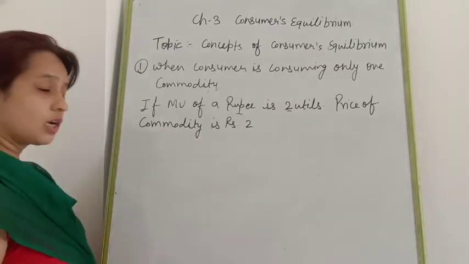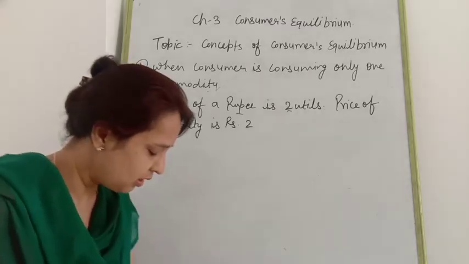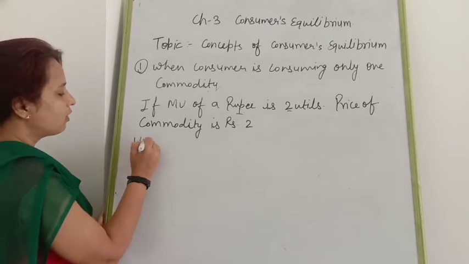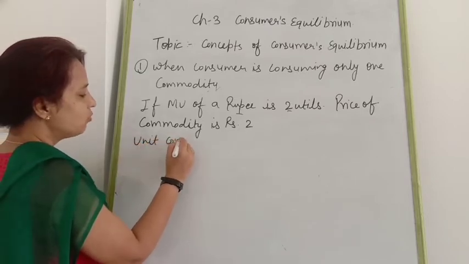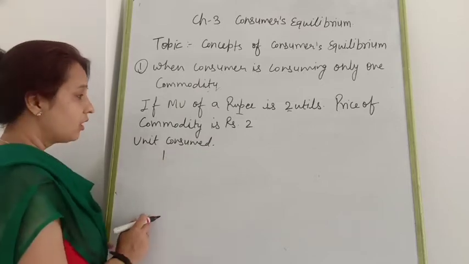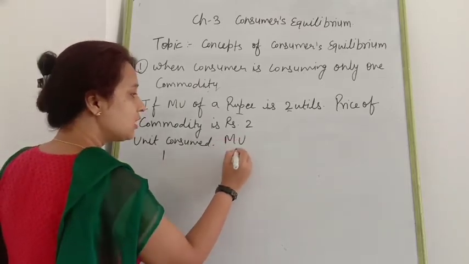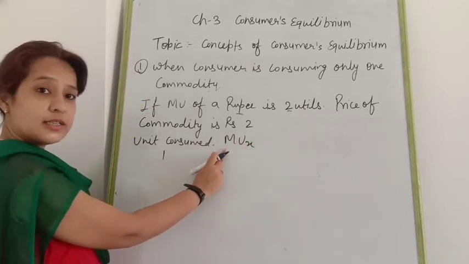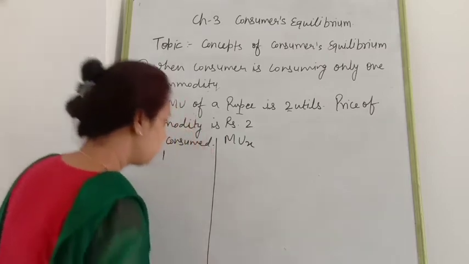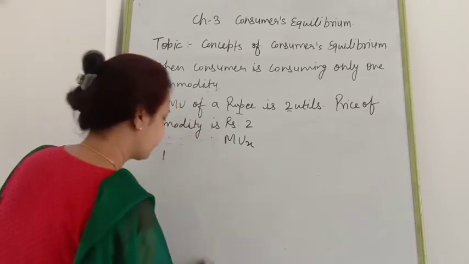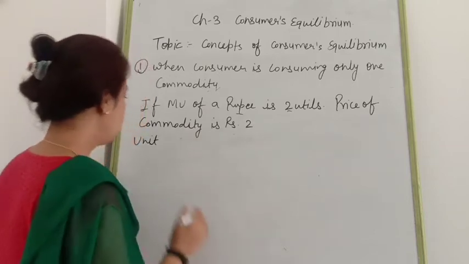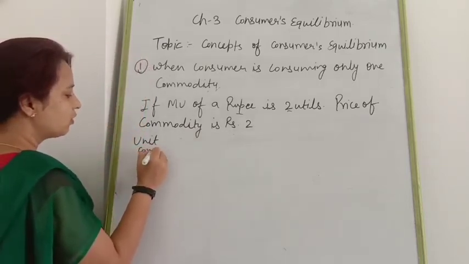Now, suppose a consumer is consuming cold drink, then at the first glass, whatever he is consuming, suppose he is consuming the first unit, then from the first unit he is going to get a satisfaction. Satisfaction is known as marginal utility, all of you know. Let me make the columns. First, units consumed.